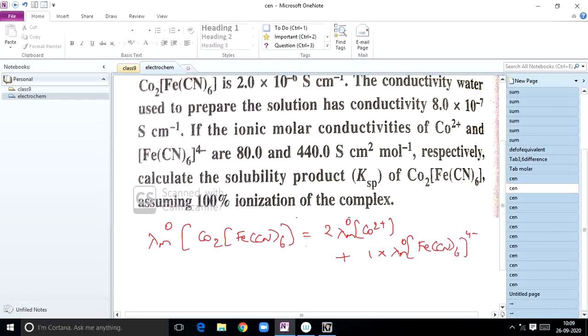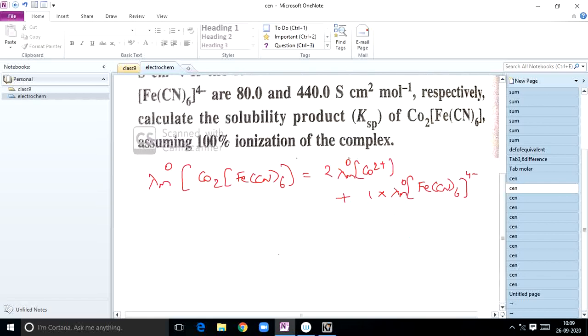That is the complex. So after splitting this, directly substitute. Lambda m naught of Co2 plus is given as 80, and here 1 into 440 is given. So if you solve, lambda m naught of the complex, what will you get? 160 plus 440, 600 Siemens centimeter square mole inverse. So I got that. After that, the conductivity of a saturated solution of the complex is given.